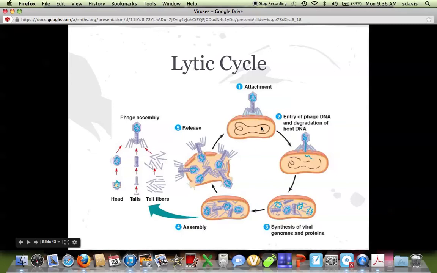So it attaches to the host cell, and then it's injecting its DNA into the host cell, and then lots of copies of the virus are being made, and then the virus components are being assembled, and eventually the cell bursts open, or lyses, and the viruses are released. And the cycle will continue. When viruses are released, they will attach to other host cells and continue the cycle.